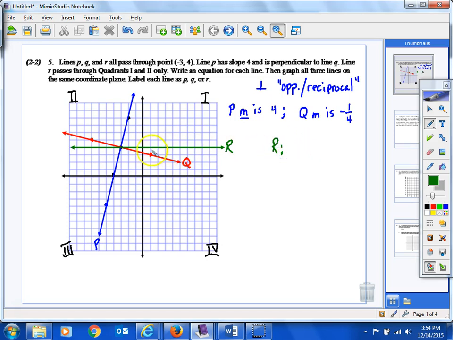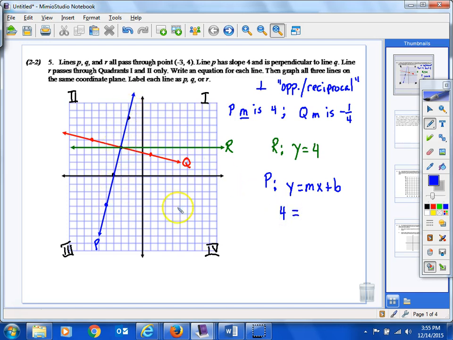Since that's just a horizontal line going through 4 on the y-axis, that equation is going to be y equals 4. Okay, let's take a look at the equation for line P. Well, again, depending on which method you like, you could start with slope-intercept form. In this case, since we're going through the point -3, 4, you could let y be 4.